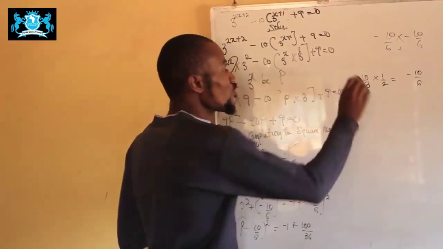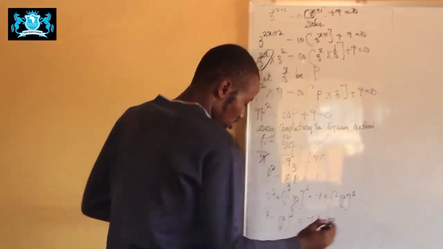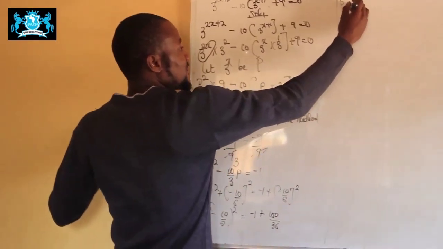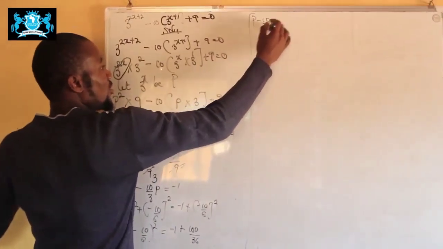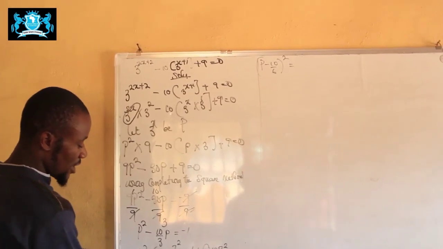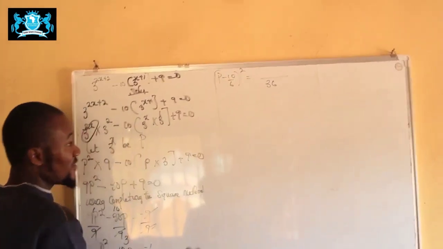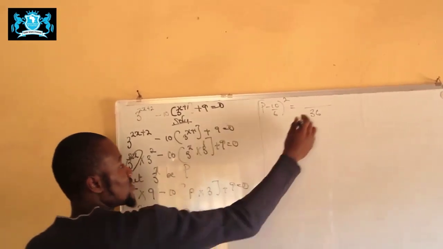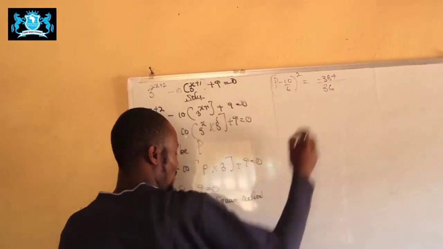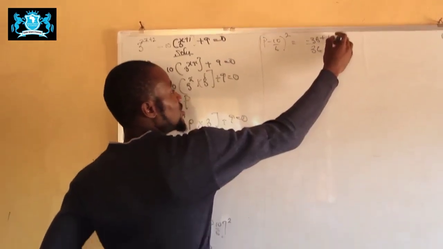So we continue solving. We have p minus 10 over 6 all raised to the power 2 is equal to, now the LCM of 1 and 36 is 36. So 36 times minus 1 is minus 36, plus 36 divided by 36 is 1, 1 times 100 is 100.